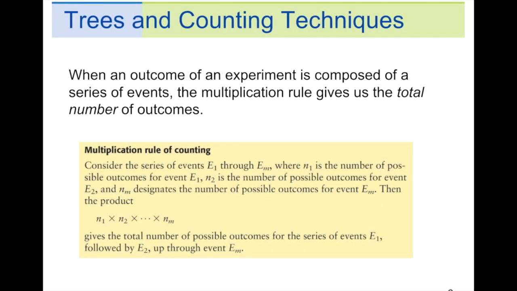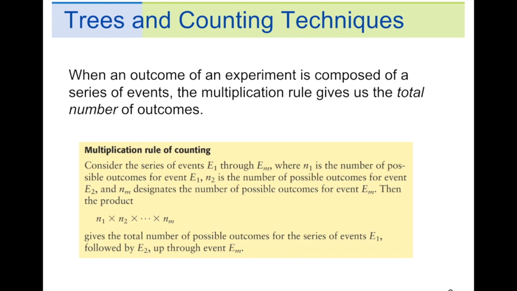When an outcome of an experiment is composed of a series of events, the multiplication rule gives us the total number of outcomes. Consider the series of events E1 through EM, where N1 is the number of possible outcomes for event E1, and N2 is the number of possible outcomes for event E2, and M designates the number of possible events for EM.